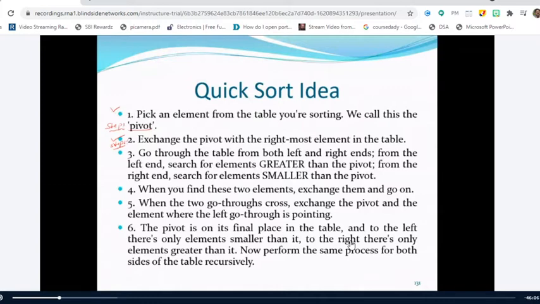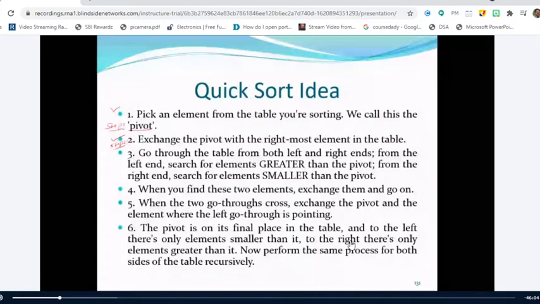If you select the last element as the pivot element, then there is no need to shift the element, right? But if you select any random number between the first and the last element, then you obviously shift the element from that position such that it will go towards either the leftmost end or the rightmost end, right? So the second step is an optional thing.